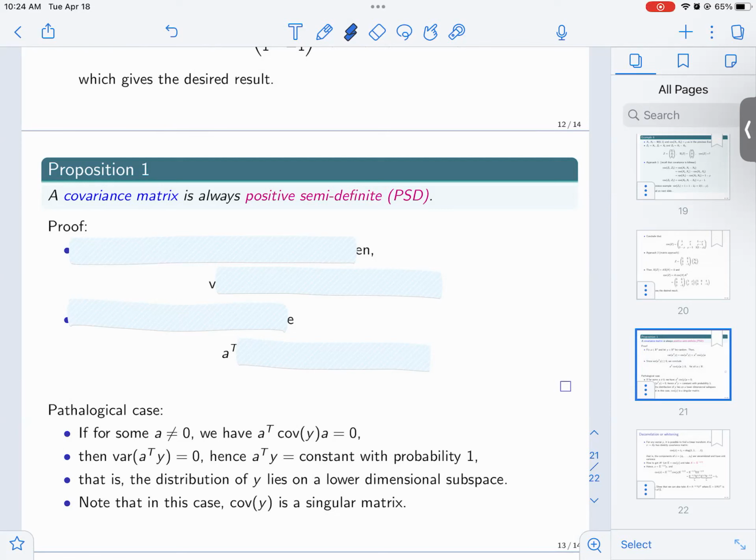So what is a positive semi-definite matrix? It's a matrix whose eigenvalues are greater than or equal to 0. This is a good statement, but usually it's not the definition. It's a property that you prove, an equivalent characterization of PSD, positive semi-definite.